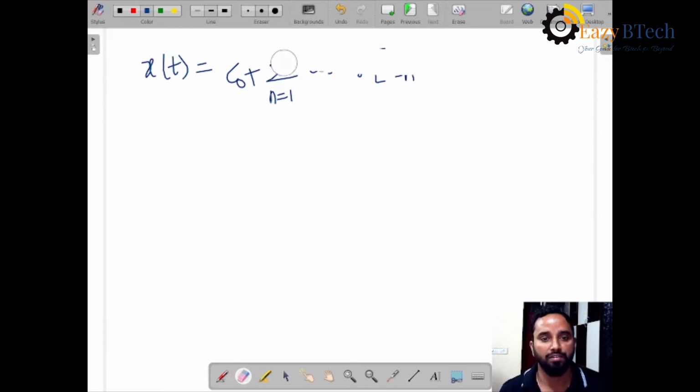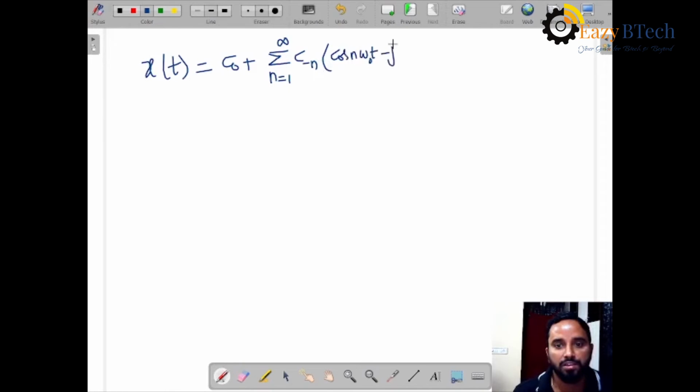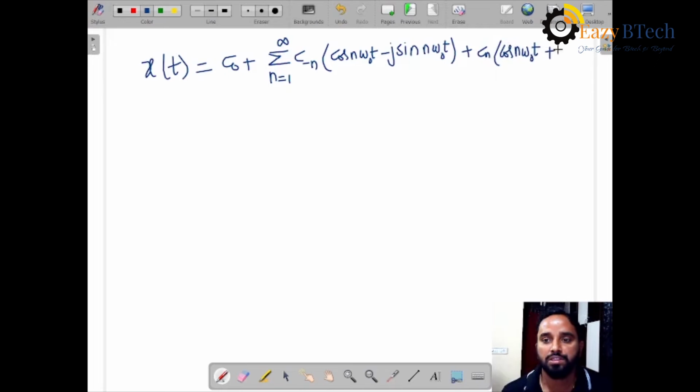So x of t is equal to c naught plus summation n equal to 1 to infinity c minus n, e power j theta, which is cos n omega naught t minus j sin n omega naught t, plus cn times cos n omega naught t plus j sin n omega naught t.